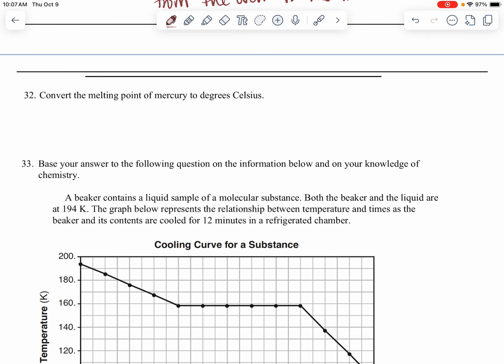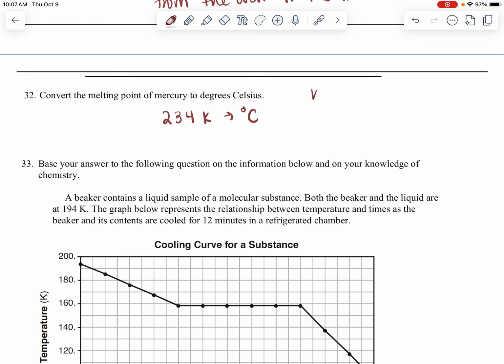Okay, convert the melting point of mercury to degrees Celsius. Now, when I read this question, I said, well, I don't know the melting point of mercury. I can't memorize everything. That's why we have table S. So I looked it up. I went to my table S. I found mercury, and the melting point is 234 Kelvin. And I need that in degrees Celsius.